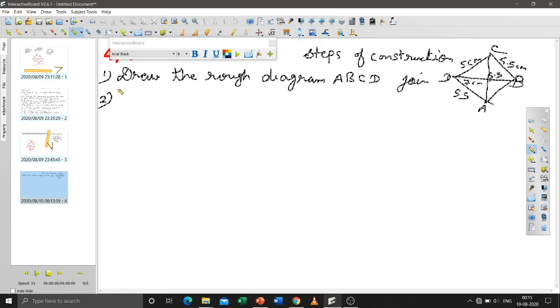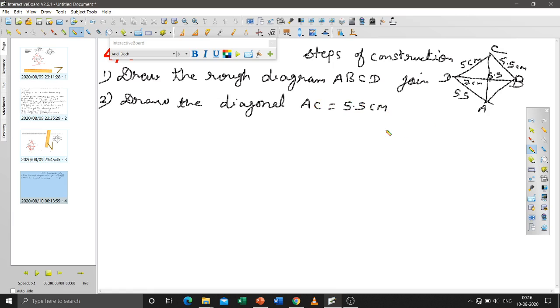Second step, first we'll draw the rough diagram. Then first of all we'll draw the diagonal. Draw the diagonal AC is equal to 5.5 centimeter.